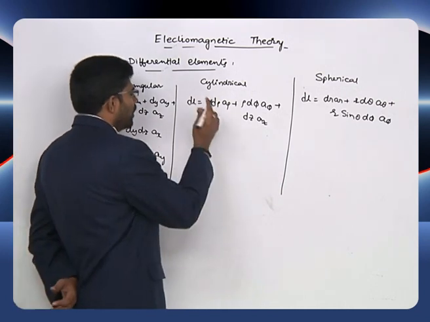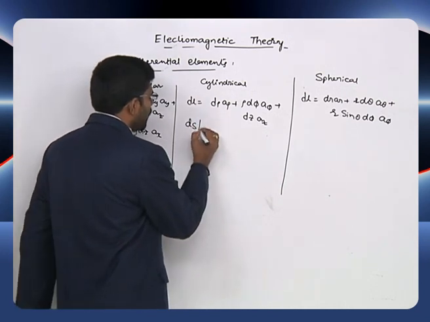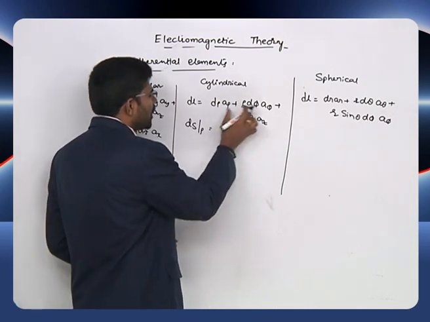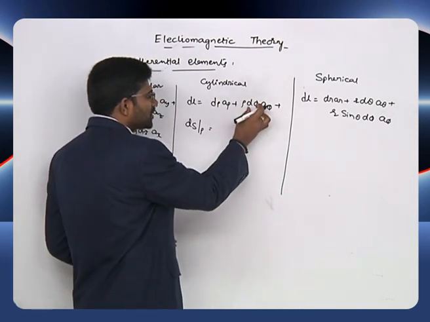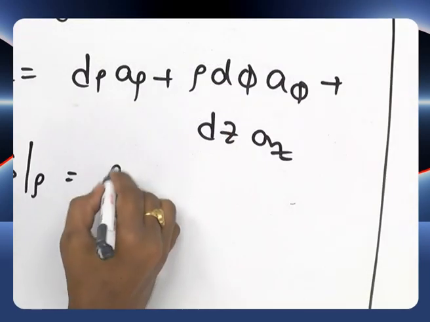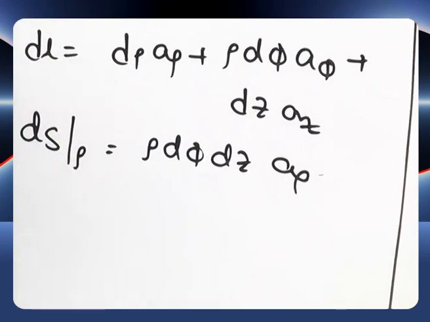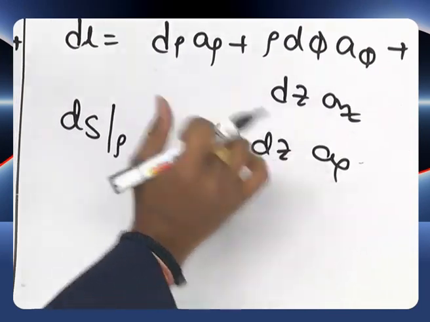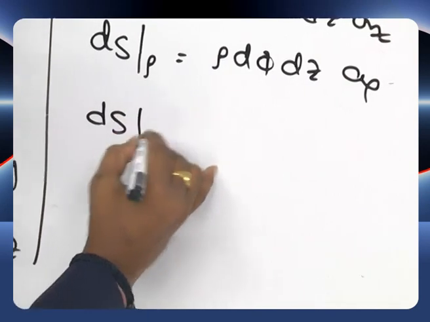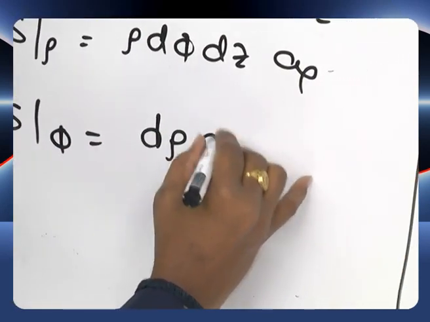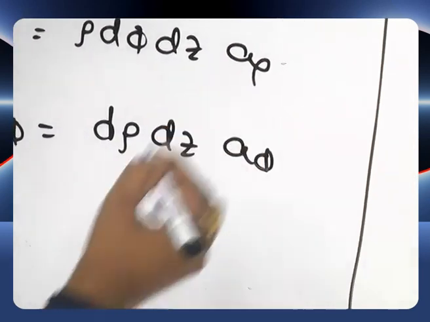In the same way, here is the differential surface in the direction of rho. If you are considering the differential surface in the direction of rho, the differential elements which exist are phi and z. So the answer is rho d phi dz in the direction of rho. The differential surface in the direction of phi is d rho dz in the direction of phi.